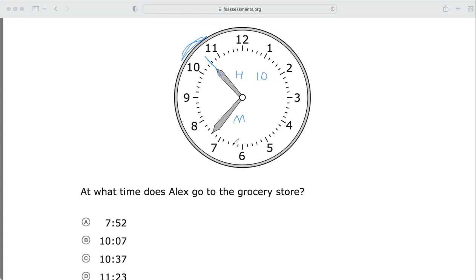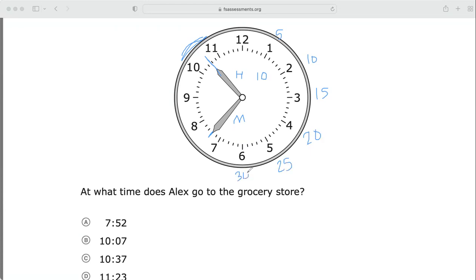And then the minute is right here. The minutes go in increments of 5 because 12 goes into 60 five times. So this is like 5, 10, 15, 20, 25.